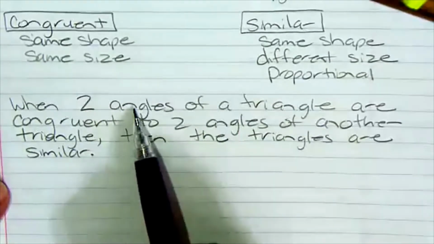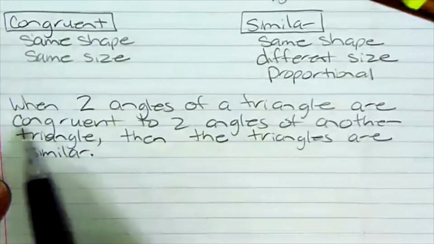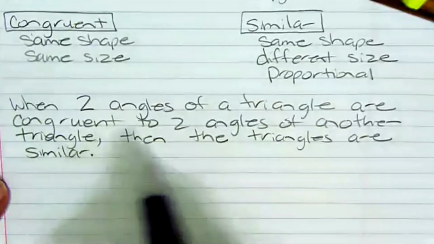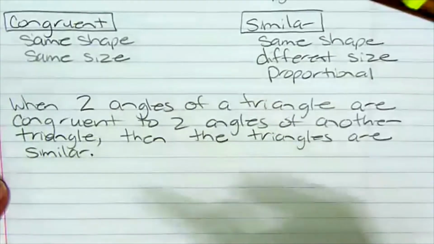So when two angles of a triangle are congruent to two angles of another triangle, then the triangles are similar.